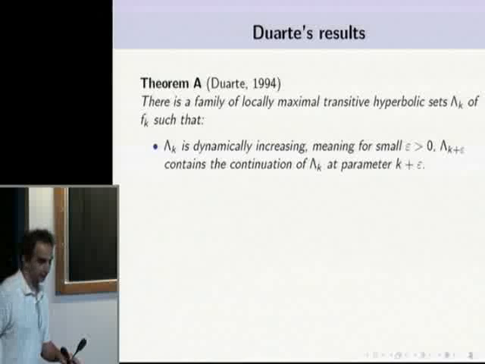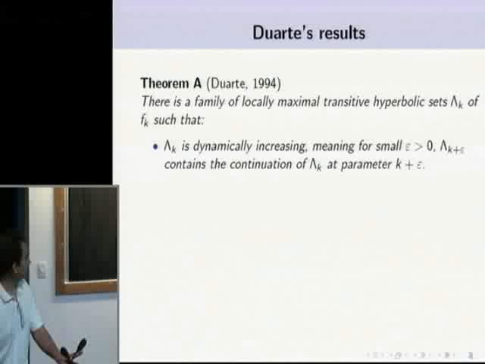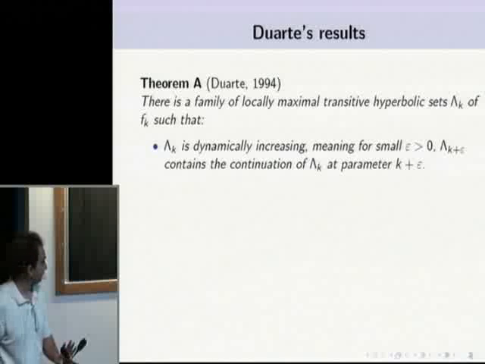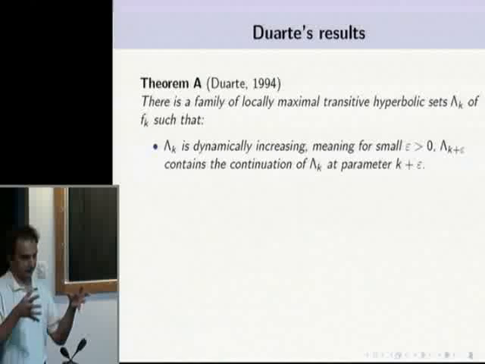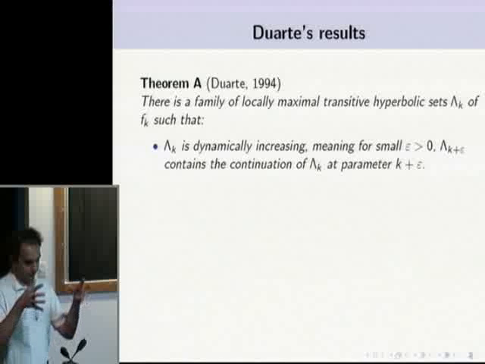All right, so what is known? I said a lot about what we don't know, so what do we know? Pedro Duarte proved the following. For the standard family, there is a family of locally maximal transitive horseshoes, basic sets, that is dynamically increasing. So what does it mean? If you have a horseshoe and change the parameter a little bit, there is a natural continuation of that horseshoe.